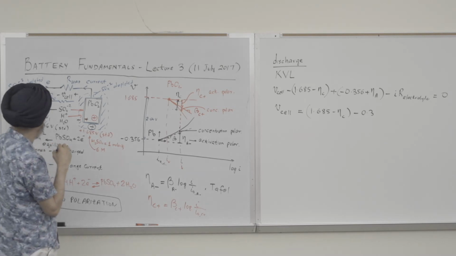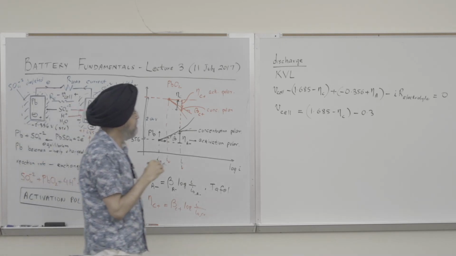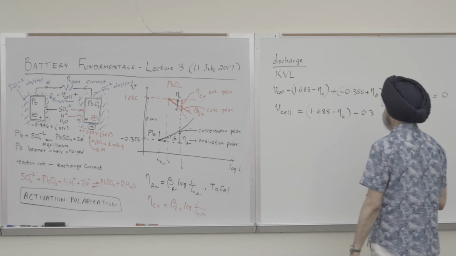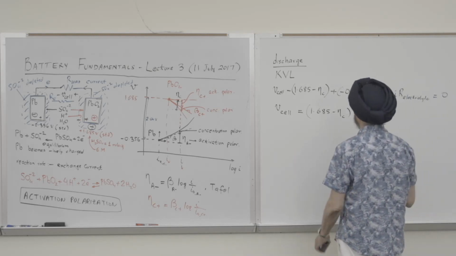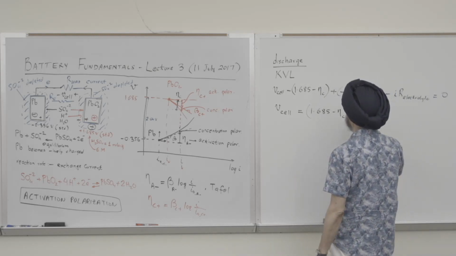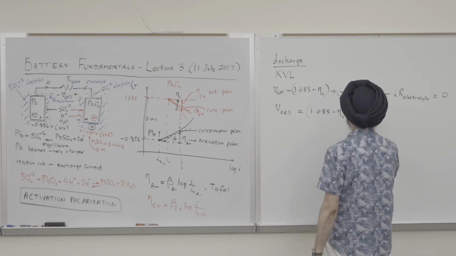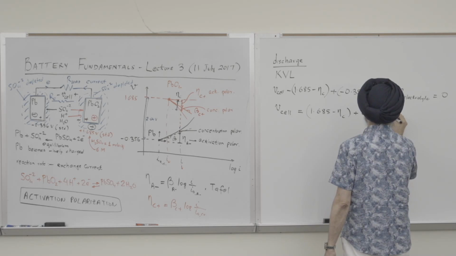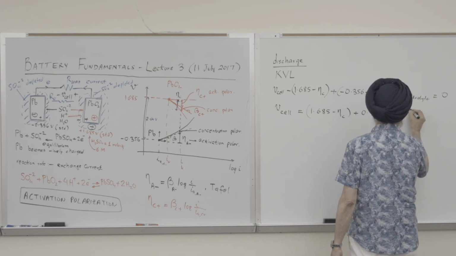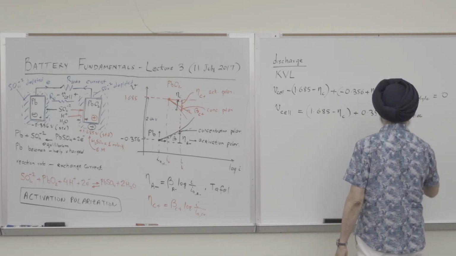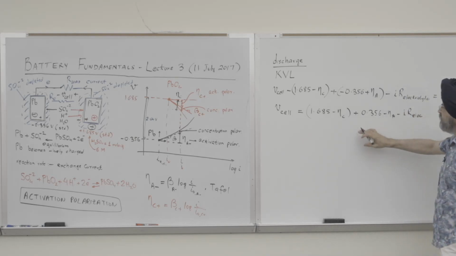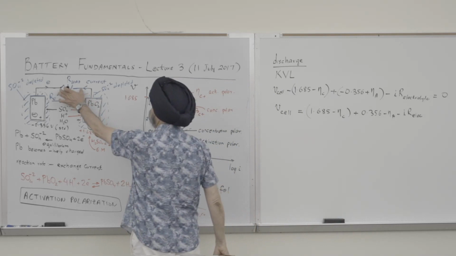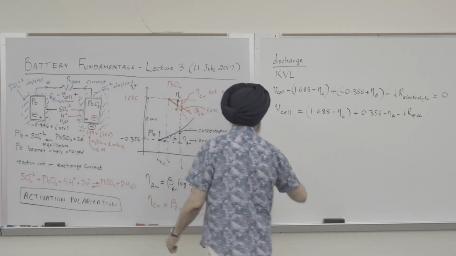Okay, so this should be plus 356 minus Na minus R electrolyte. So this is the voltage across the cell. When you have your load, you will be measuring this voltage.